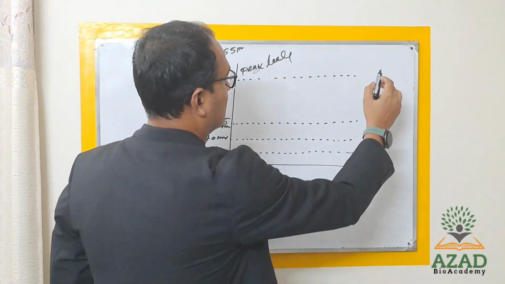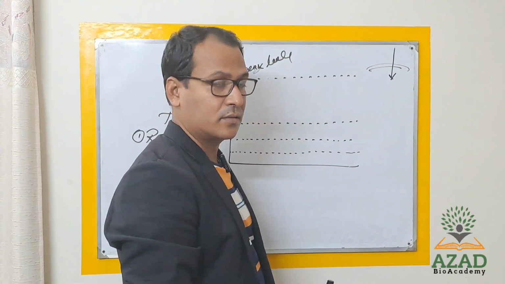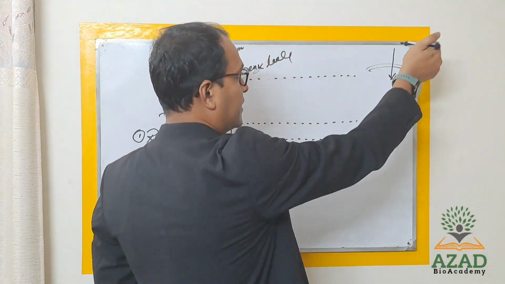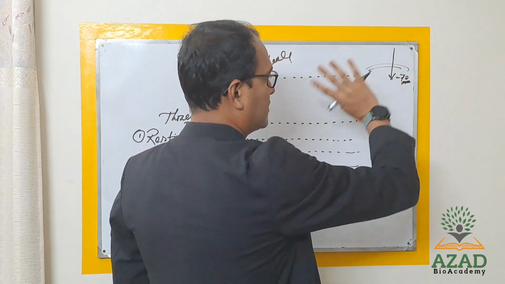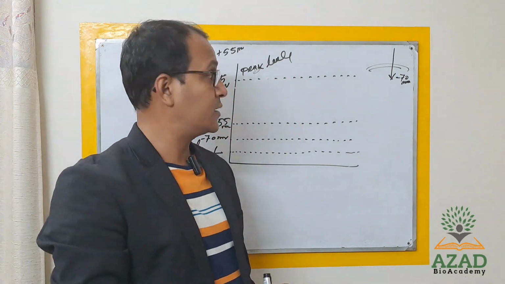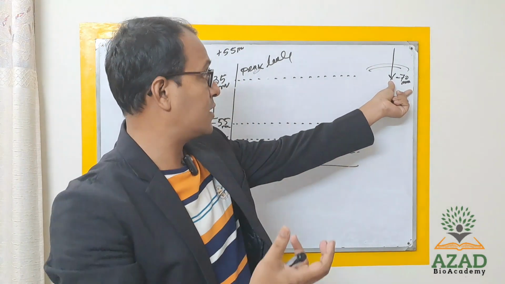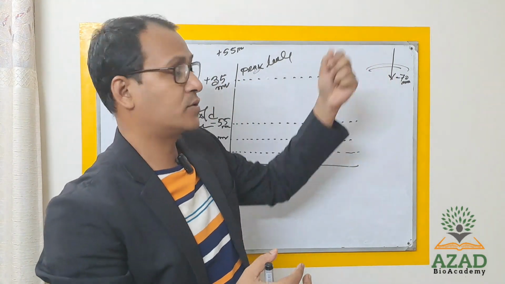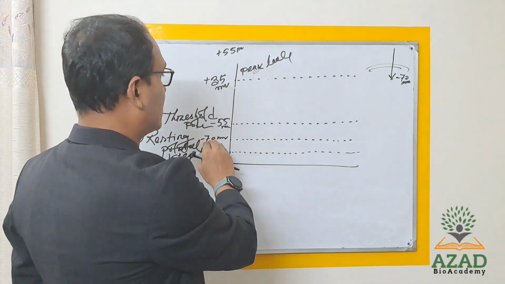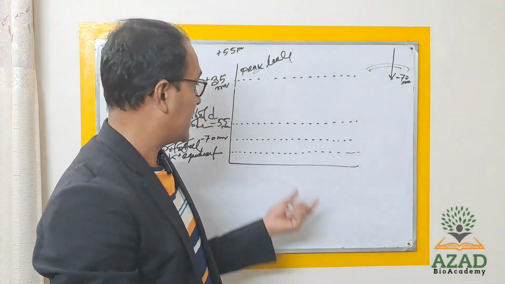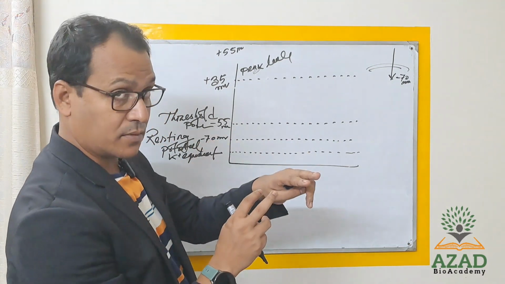Suppose this is the nerve cell, and if you incorporate a microelectrode inside the nerve cell, you will get in the galvanometer minus 70 millivolts inside the cell. That is excess potential inside the nerve cell than the outside. So the resting membrane potential is minus 70 millivolt. How it will be maintained, I will talk about later on.